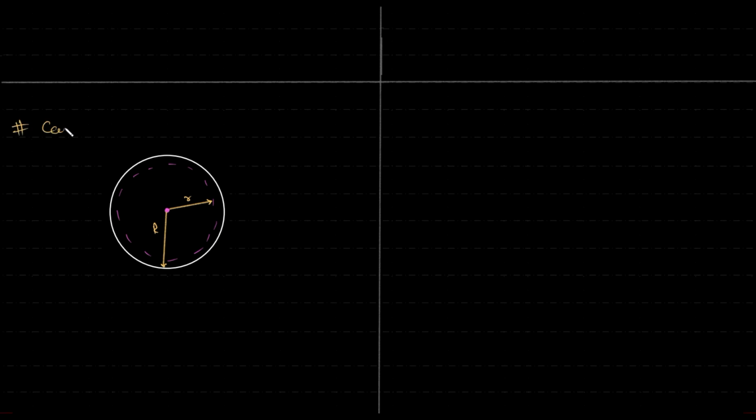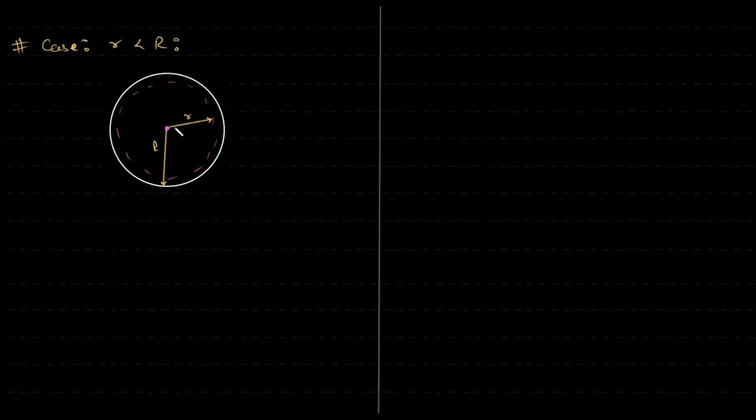Now, case one. Let's look at small r less than capital R. So what is the field? What do you think it will be? See, when the field lines are radiating outward, will there be any flux going inward? No, right? When this is a scenario, when this is 90 degrees, it's going outward. There's no point of us talking about inward.